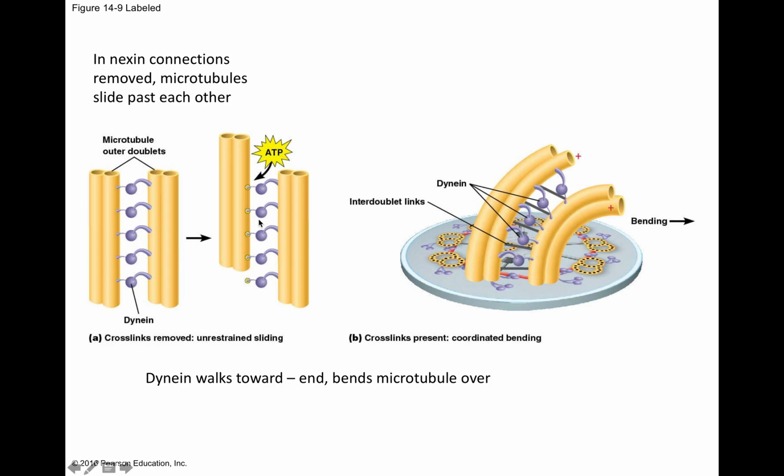And these dynein molecules are walking, causing what would be sliding motion because they are both stuck in the basal body at the base, because they are trying to slide past each other and it can't. It causes a bending instead. So they're walking toward the minus end. Here's the plus end, and it causes their neighbors to bend over like that. But if you destroy these cross links by this nexin molecule, you don't get any bending. So they have to be connected to each other to get this bending. Otherwise, they would just slide past each other.